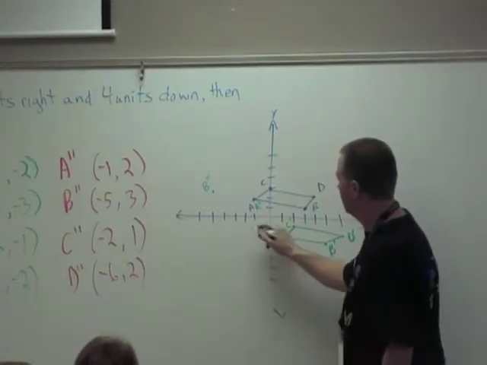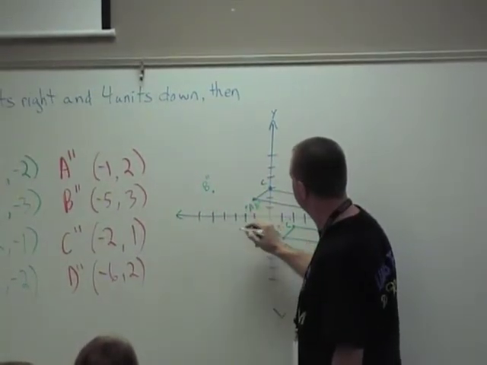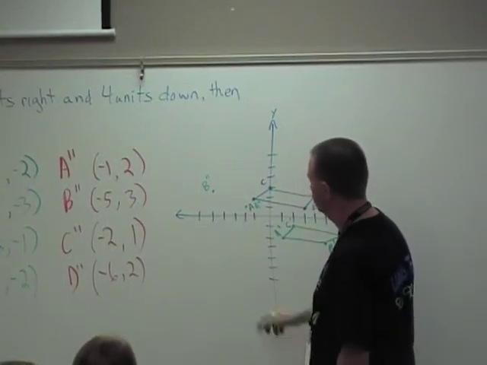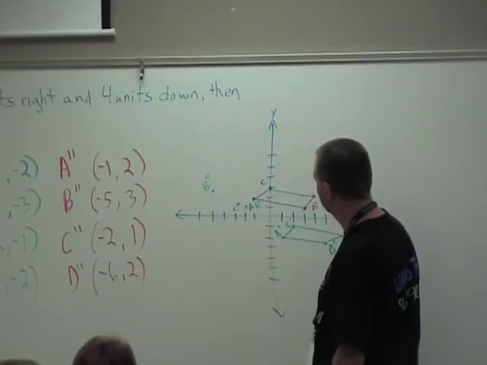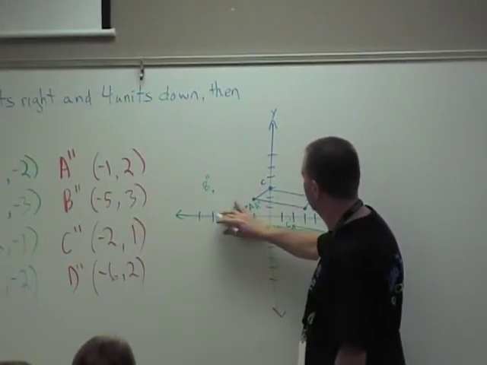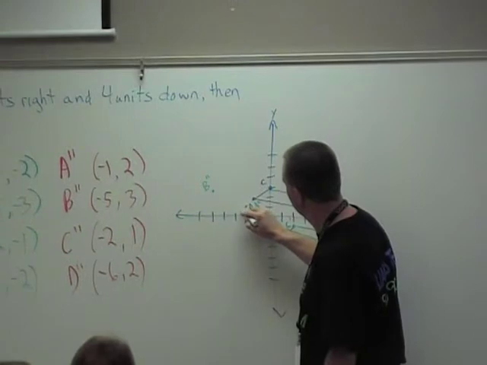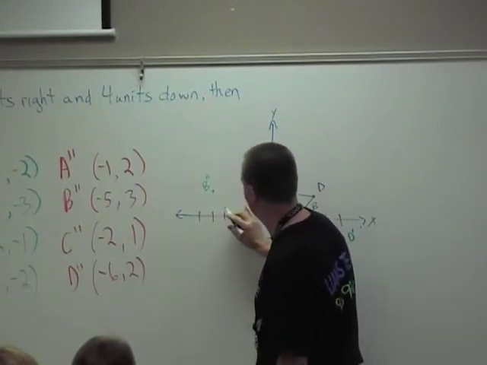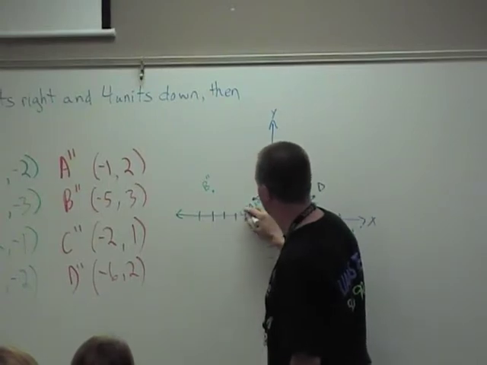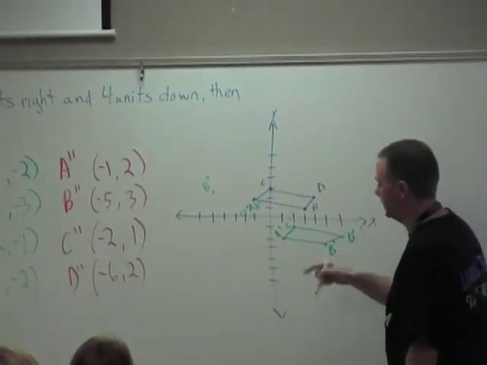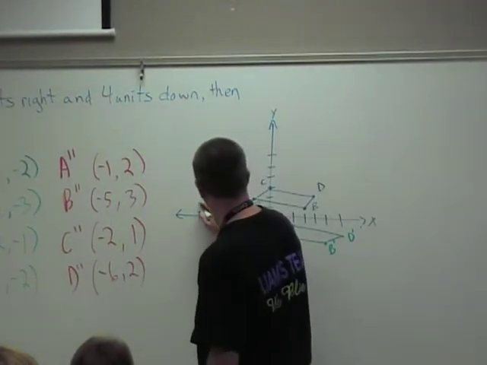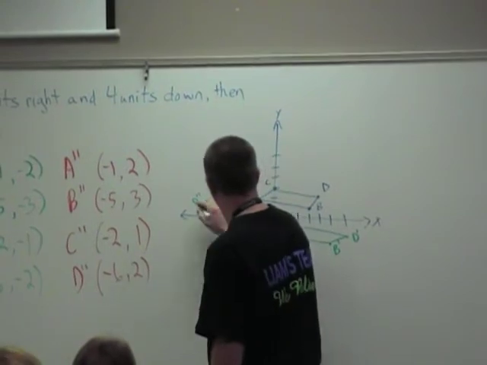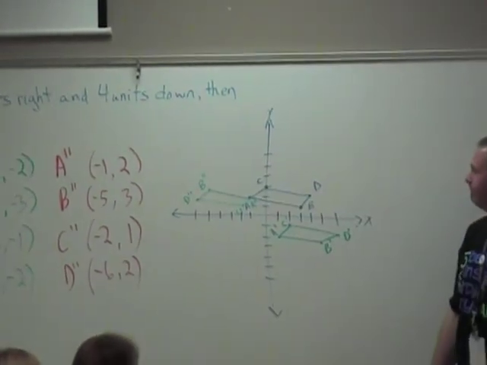C double prime is at -2, 1. D double prime is -6, +2, geez. Okay. There you go. We got that right.